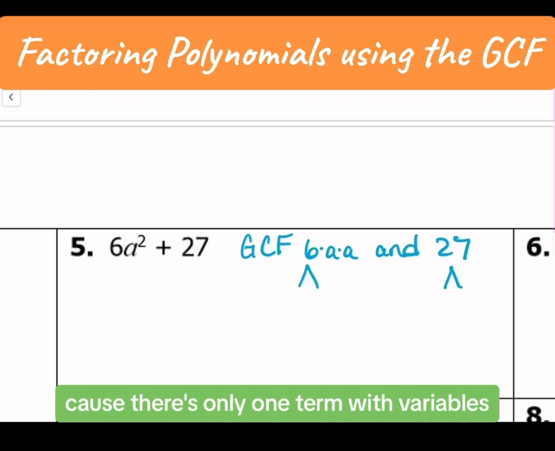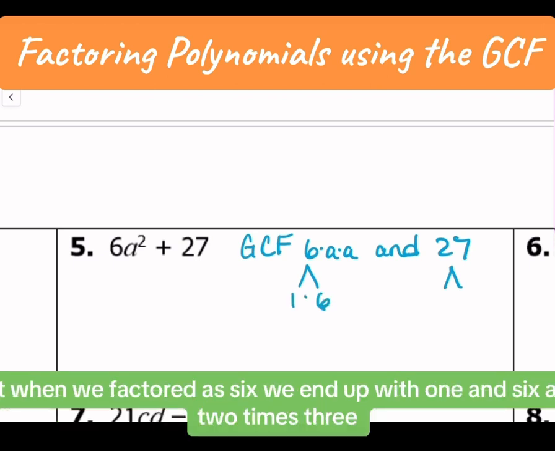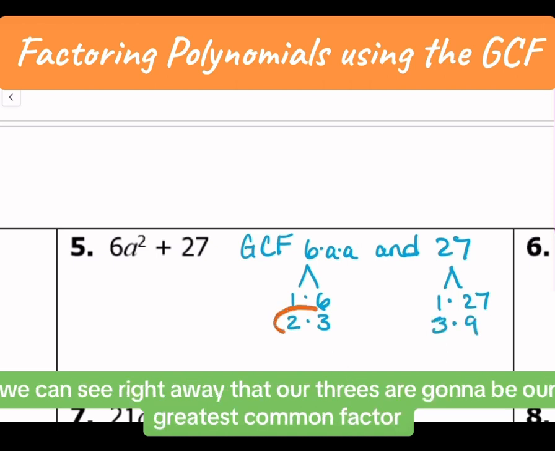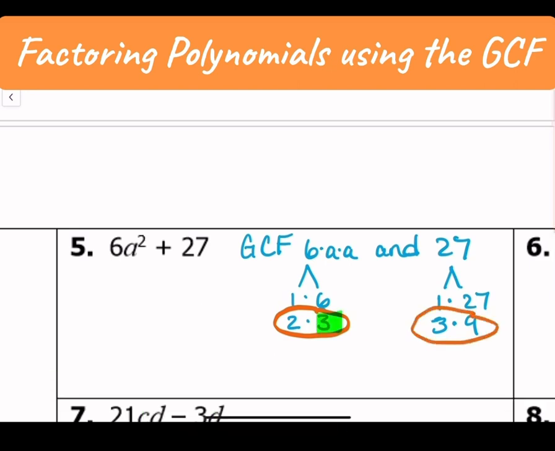Because there's only one term with variables. But when we factor the 6, we end up with 1 and 6 and 2 times 3. When we factor the 27, we end up with 1 times 27 and 3 times 9. Now, we can see right away that our 3's are going to be our greatest common factor.